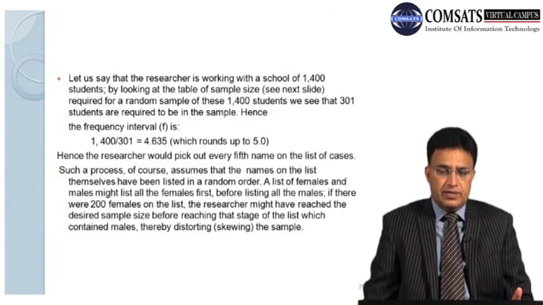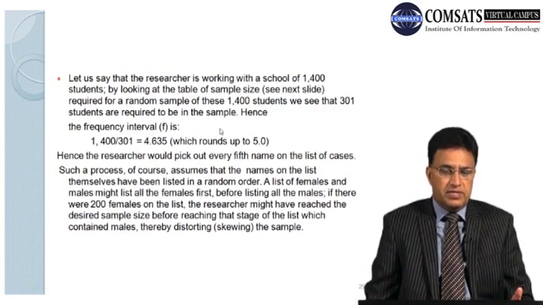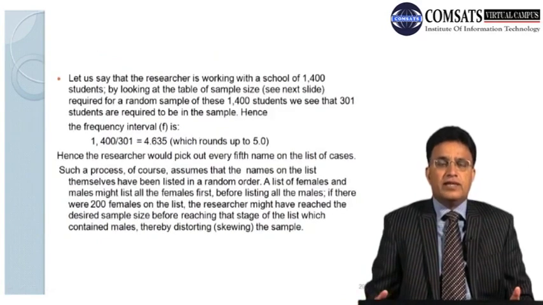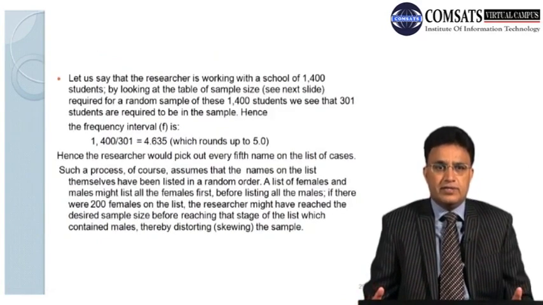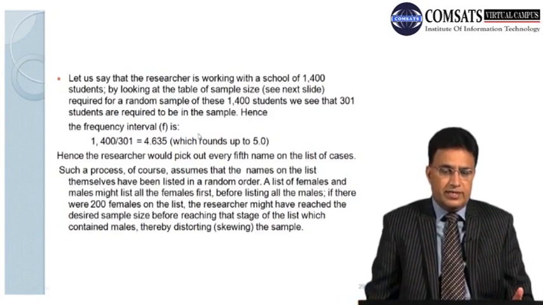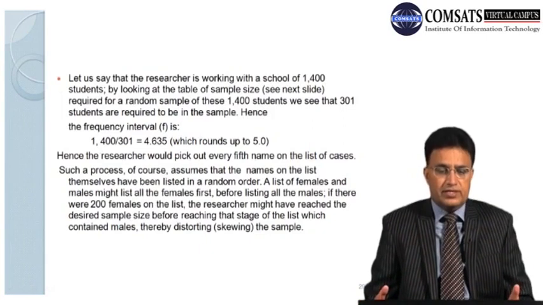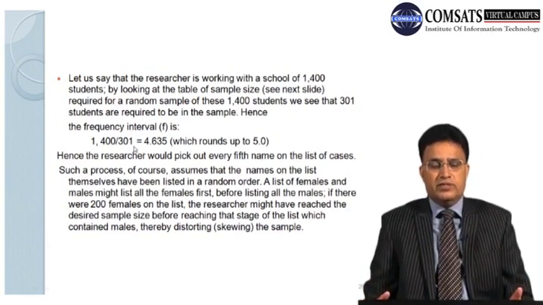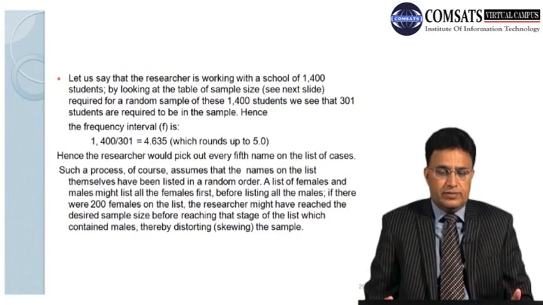In another table, it also gives not only the confidence level, but also the sample size. If you look at some standardized table, it will tell you that if 1,400 is the total population, the required number for the sample should be 301.